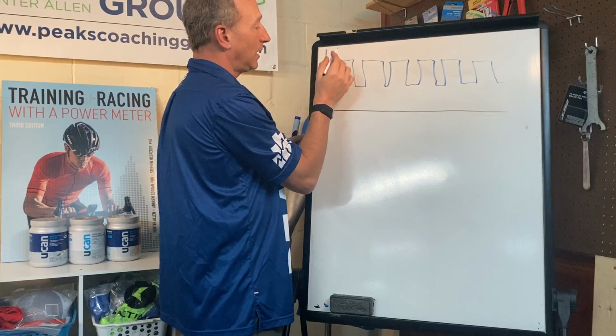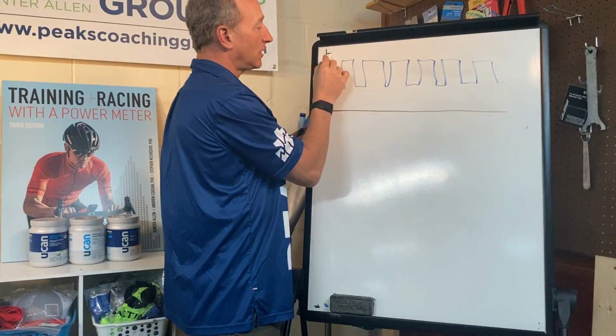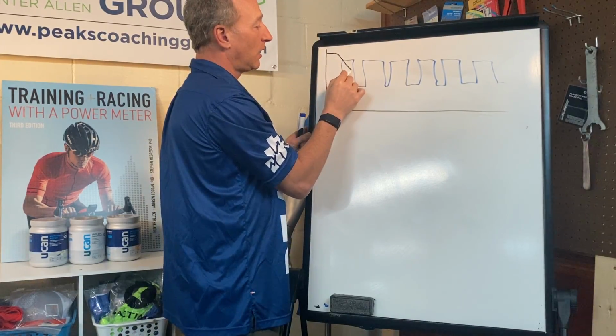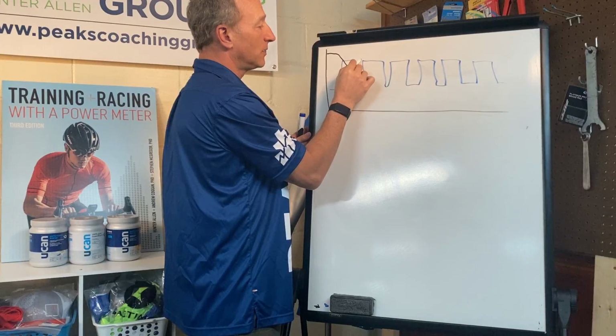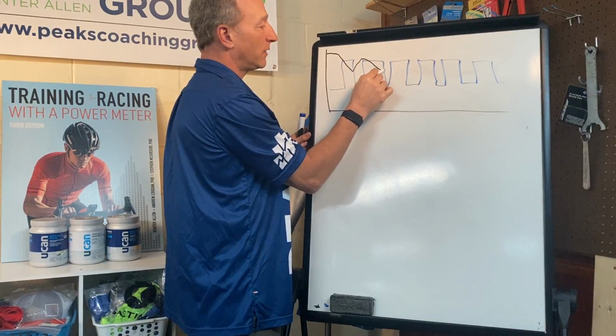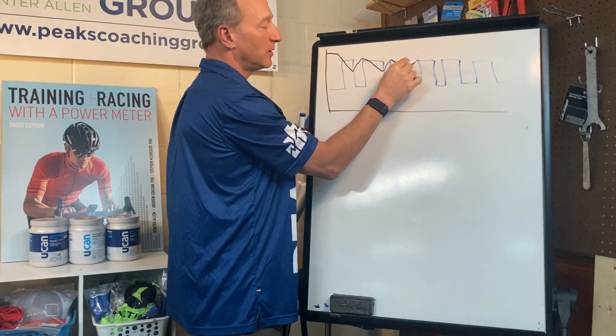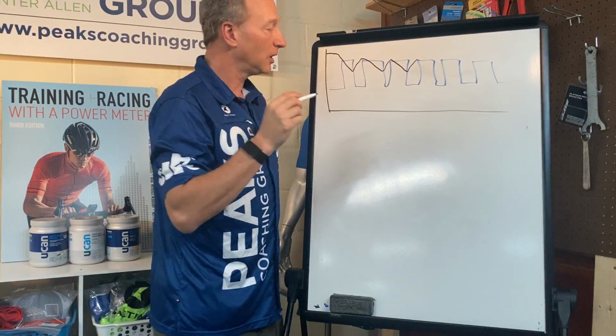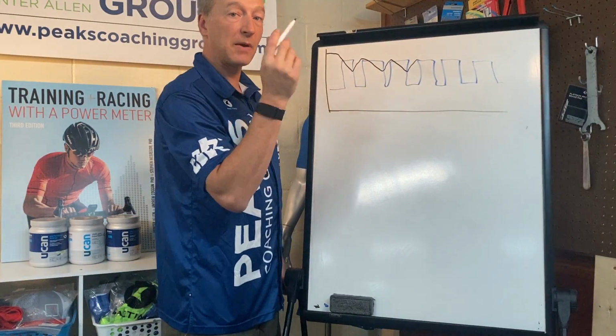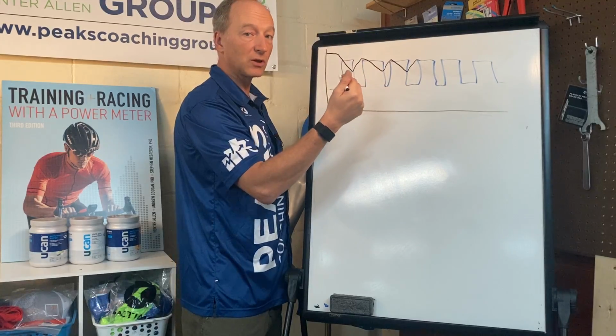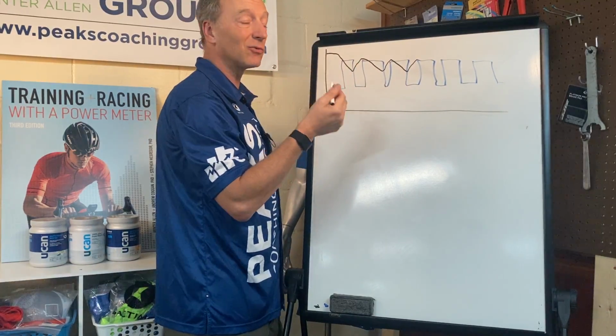So when that's the case, your FRC starts out here, and then it comes down, and then it replenishes, and then it comes down, and then it replenishes, and then it comes down, and then replenishes. So you're replenishing it, but not all the way back up to the maximum number, because you never went low enough below your FTP to really do that.